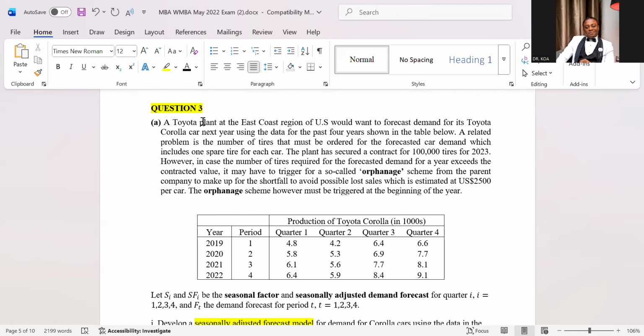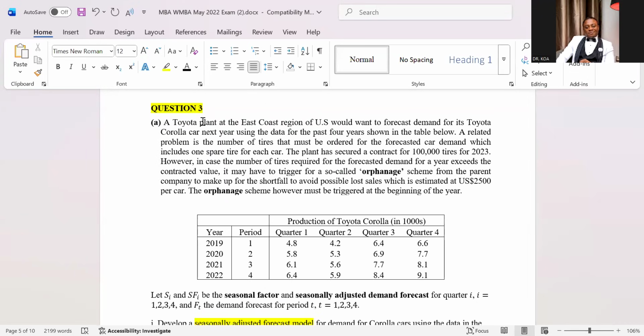Why do you think they even have to bring about this question? They need money. So the parent company will have to make up for the shortfall.